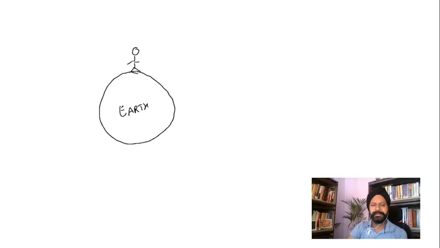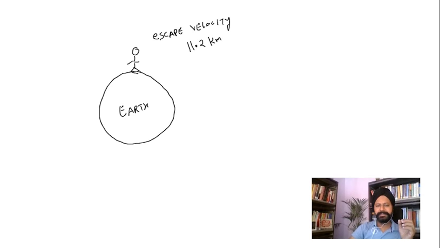You have already done the escape velocity in the previous class. Escape velocity is the velocity that you need to give this pen so that it goes to infinity, and it comes out to be 11.2 kilometers per second. Note that this is per second, and it's a huge velocity. So if I throw this pen with 11.2 kilometers per second, and infinity is obviously not real, it's a conceptual kind of infinity.